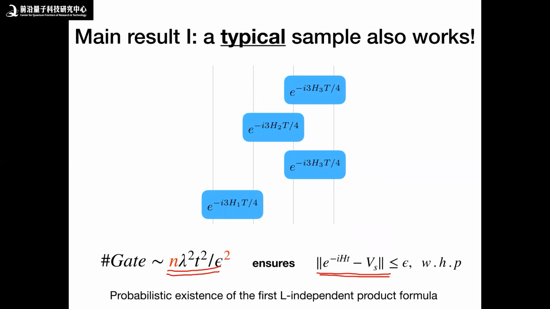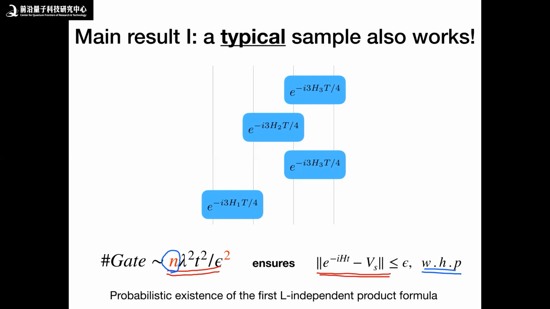A few things. There's this extra n that's not present before, so it seems that you're costing a few more gates. And second, this statement is intrinsically probabilistic. I'm not talking about some particular product formulas, I'm talking about the typical ones.